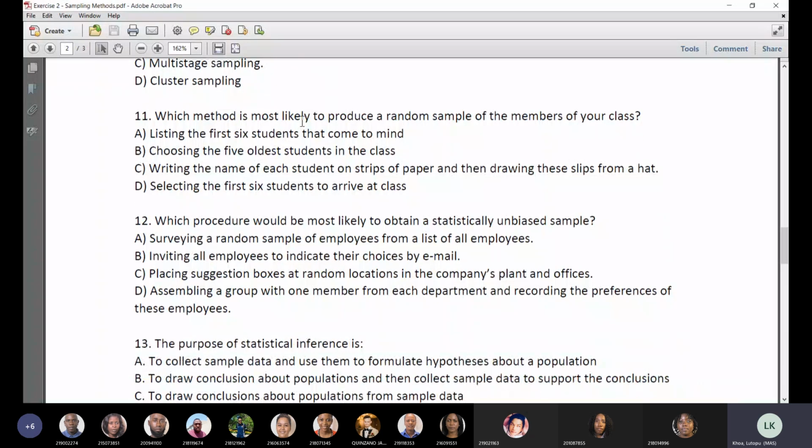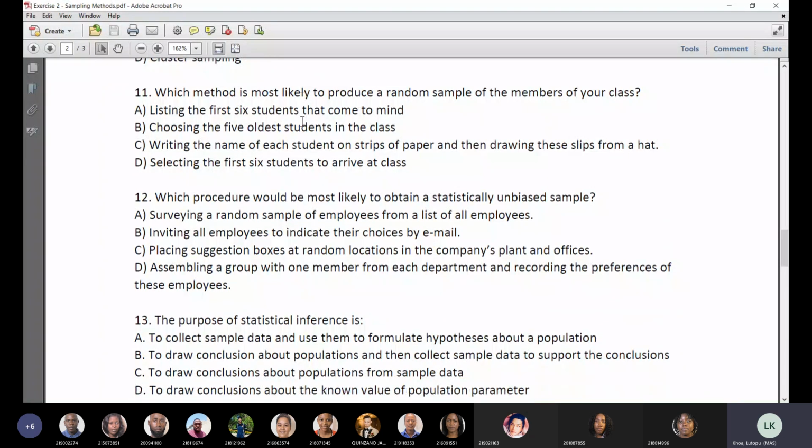Number 10, which method is most likely to produce a random sample of the members of your class? Is it A, listing the first 6 people that come to mind? Probably not, because if you list the first 6 people in your class that come to mind, you'll probably list your friends. So if I'm doing an opinion poll, usually you and your friends think in a similar way. That's why you're friends.